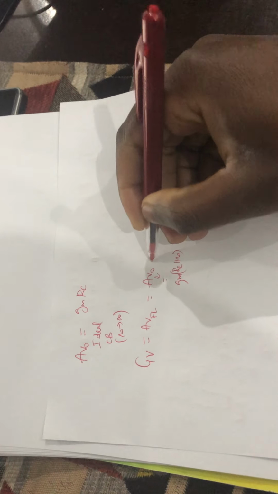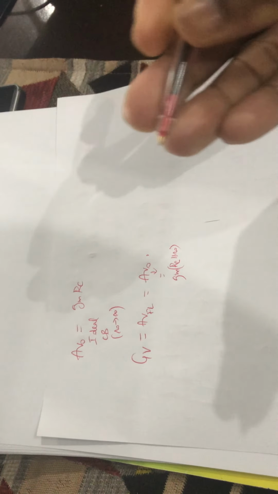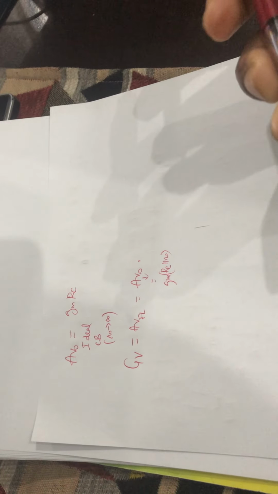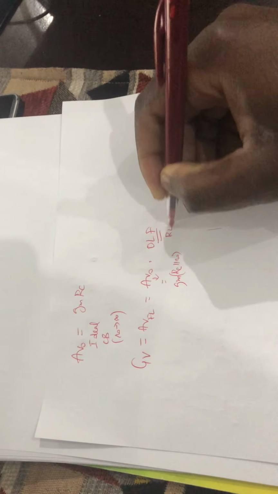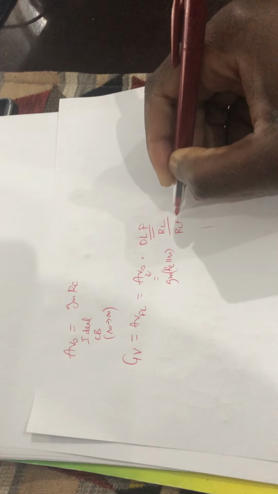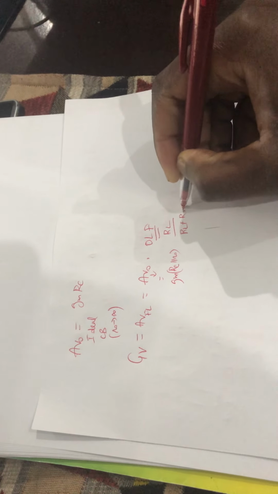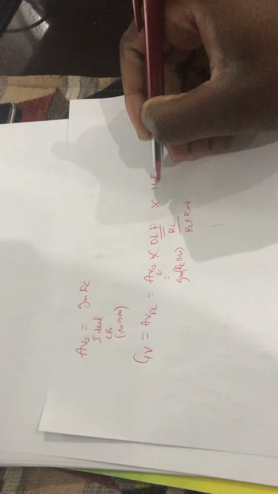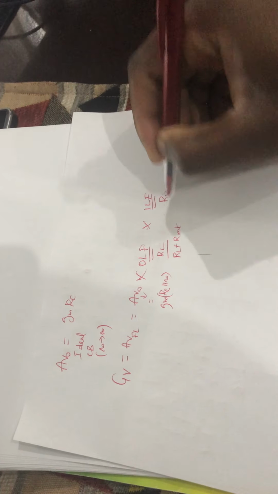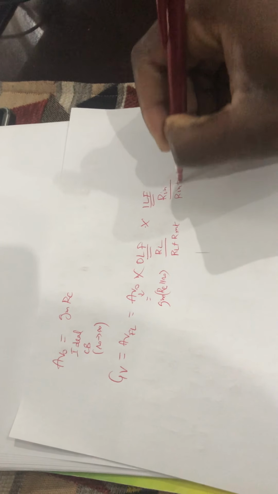All of that multiplying the impact of the load, as well as output loading factor, which is RL over RL plus R out, as well as the impact of the RS, which is captured through the input loading factor, which is Rin over Rin plus Rs.